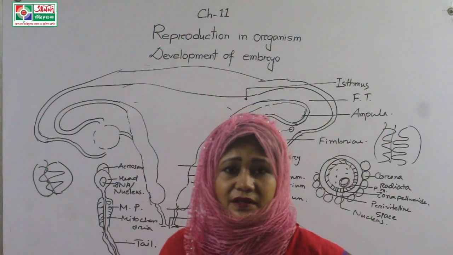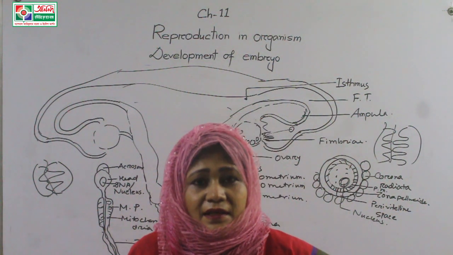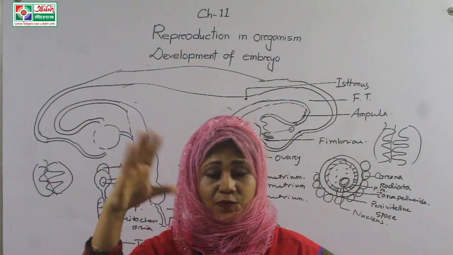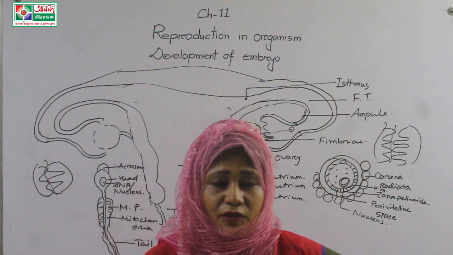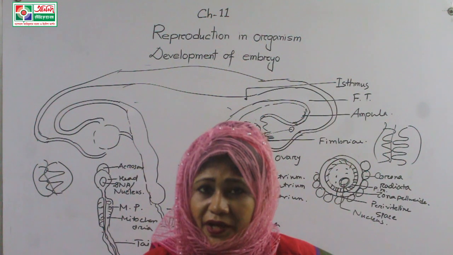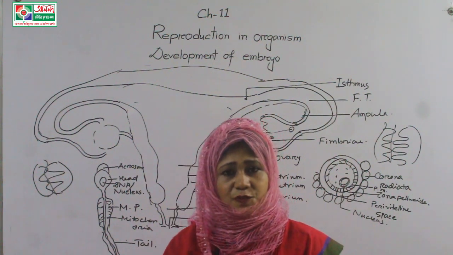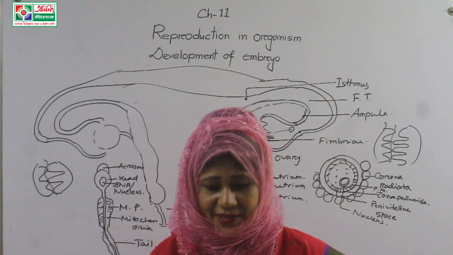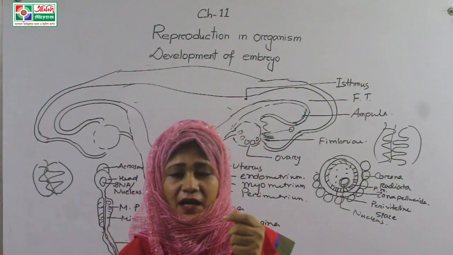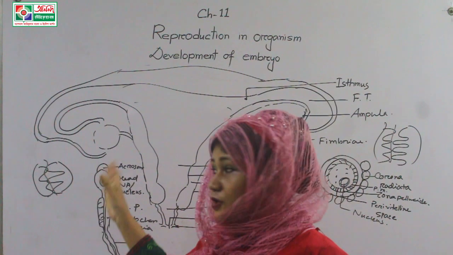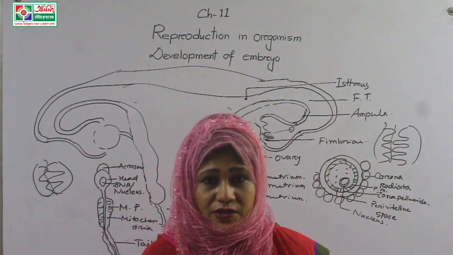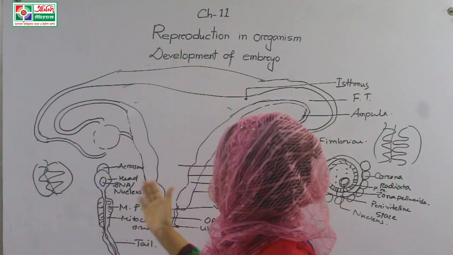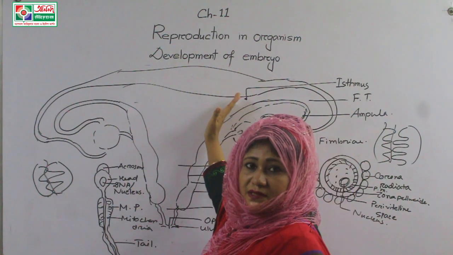And number three is the aspiratory movement, not aspirin, aspiratory movement. What is aspiratory movement? That is the upward movement of the female reproductive structure, which helps the sperms reach the isthmus.